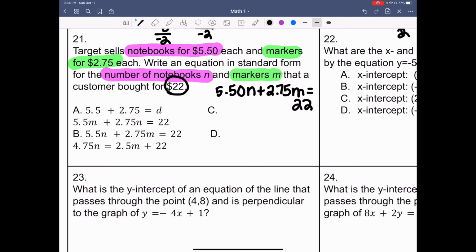So if I look at A, they don't have any variables. The C and the D got moved down, but if we look at C, this one has the variables mixed up, so that's not going to work. B does have the correct variables, so B is the correct answer.